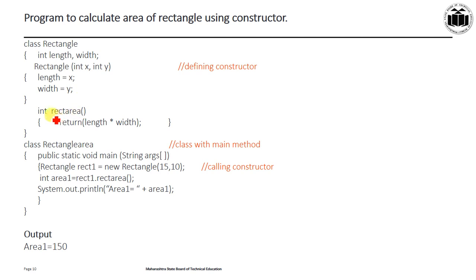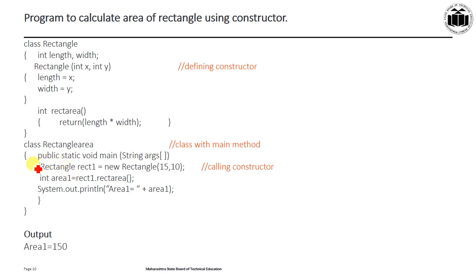After that we have created one method, that is rect area, and in that method we write a formula for calculating the area of the rectangle. Then we create another class, rectangle area. In that we write a main method, public static void main, and in that main method we call our constructor. For calling the constructor we write Rectangle rect1 is equal to new Rectangle(15, 10).